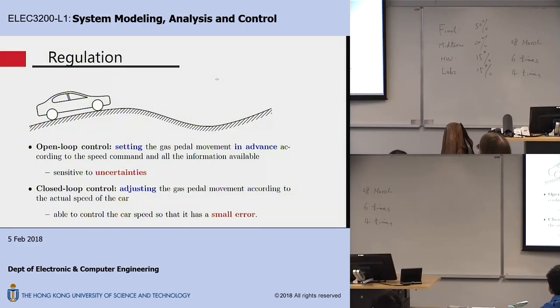You probably have to compare your actual speed with the desirable speed, look at the speed error, and use that error to make adjustments. So again, you see the advantage of closed loop control over open loop control.